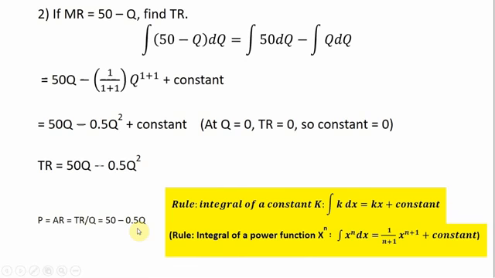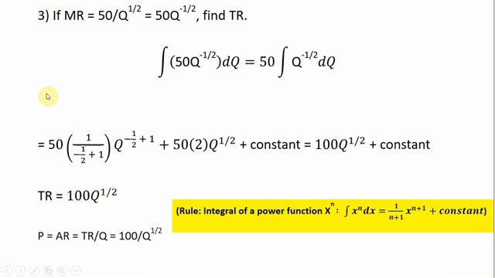All right, let's do maybe a slightly more complicated problem. If marginal revenue equals 50 divided by the square root of q, we can rewrite it this way, 50 times q raised to the minus 1/2 power. Let's go ahead and find total revenue. So the integral of 50 multiplied by q raised to the minus 1/2 power.